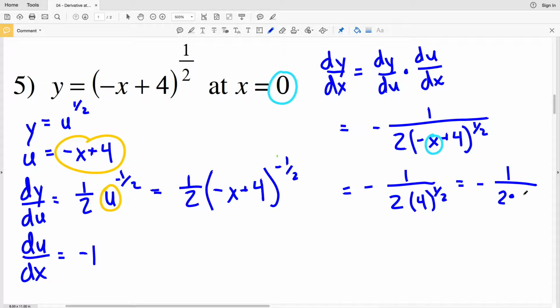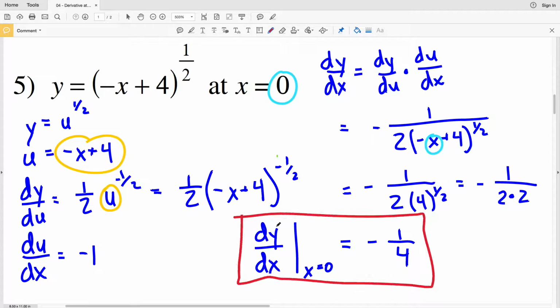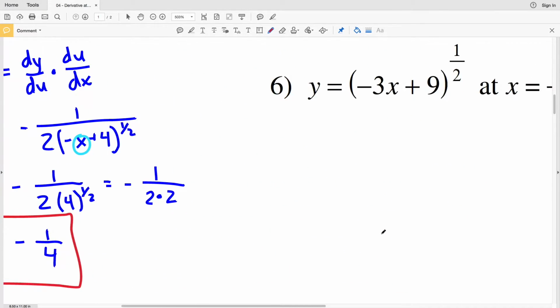So 2 times 2. Therefore, my derivative of y with respect to x at x equals 0 is negative 1 over 2 times 2, which is negative 1 over 4, or negative 1/4. So negative 1/4 is my solution in number 5.